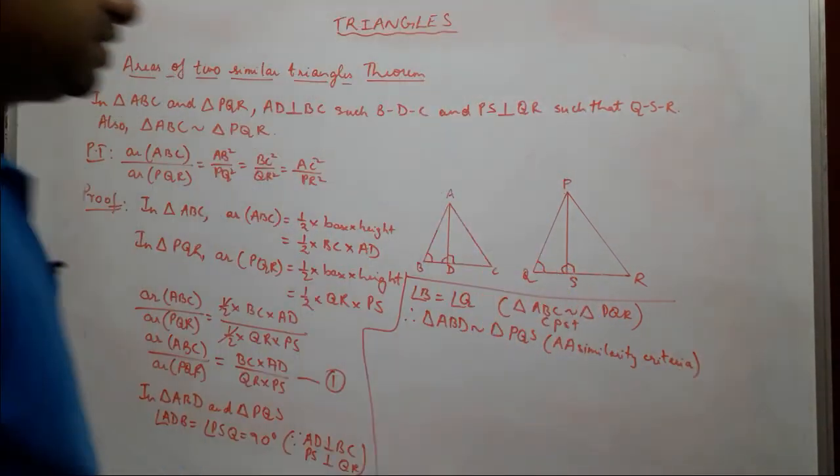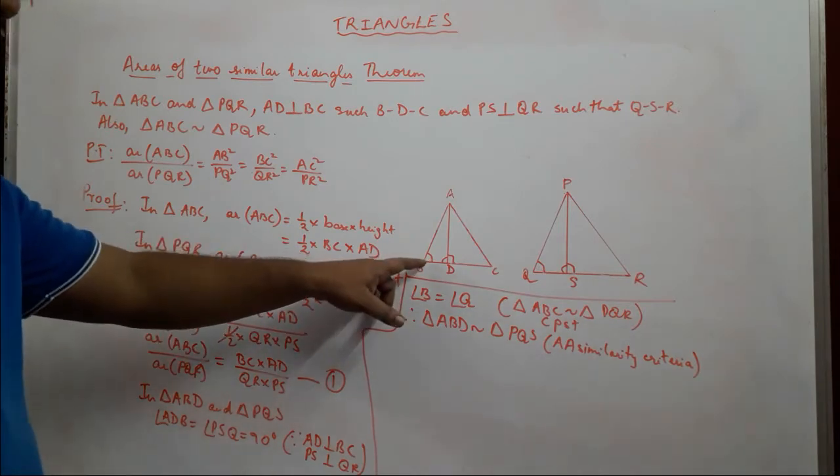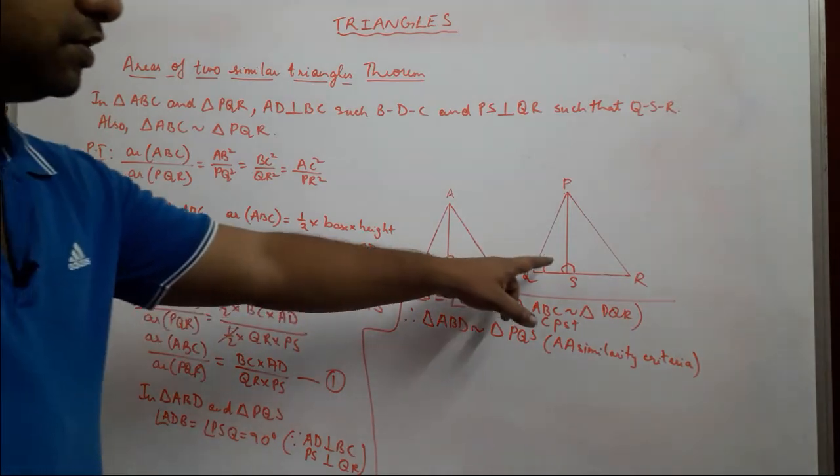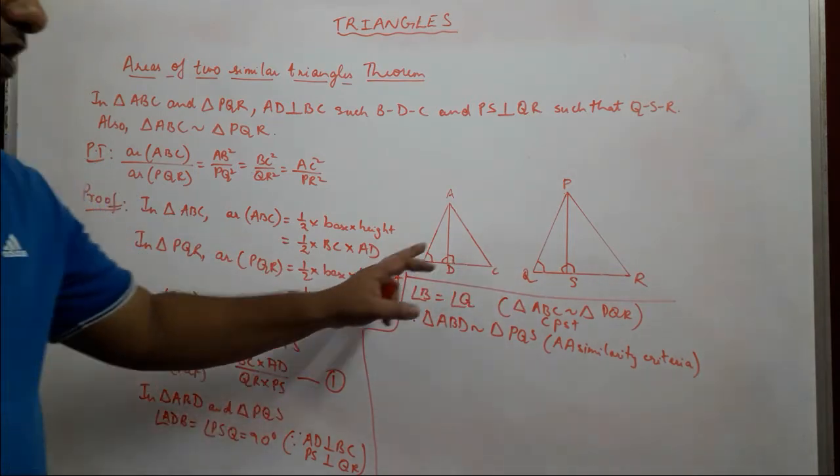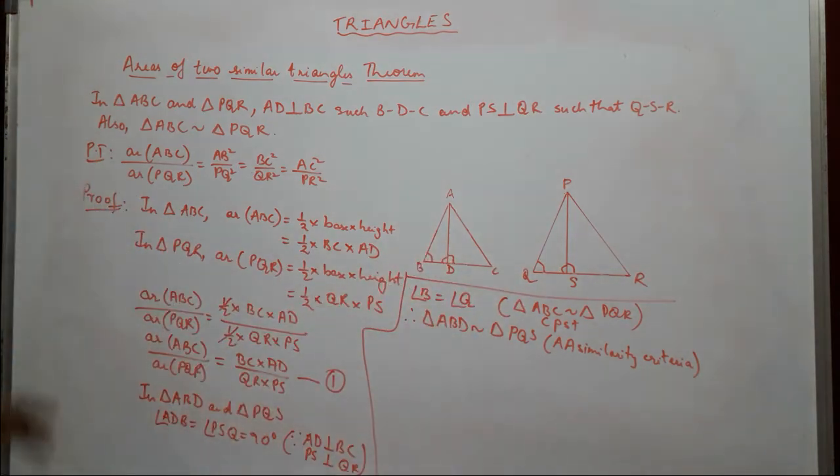We just needed to show that two corresponding angles of these two corresponding triangles are equal to each other, to prove that they are similar to each other, which we have got.